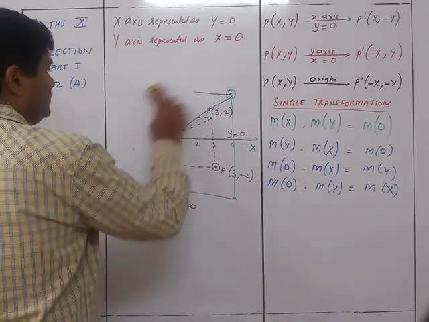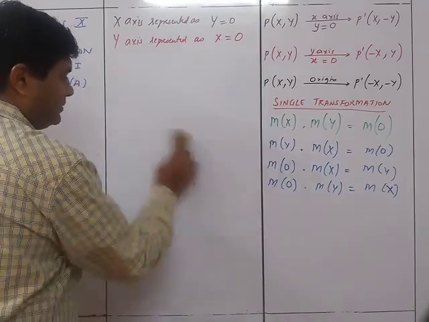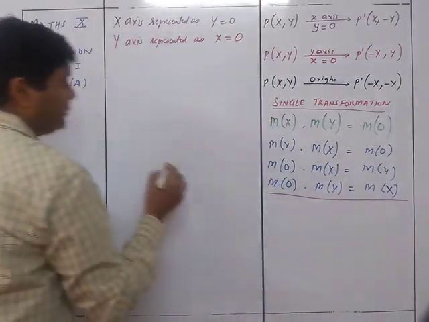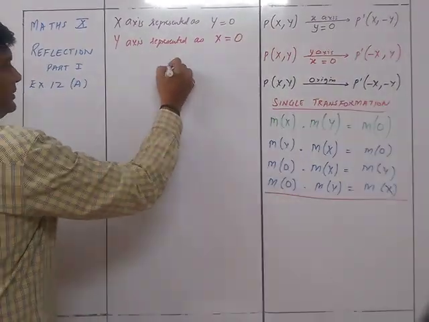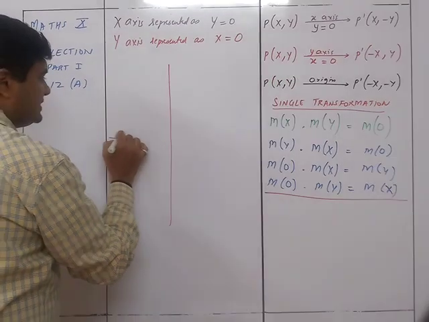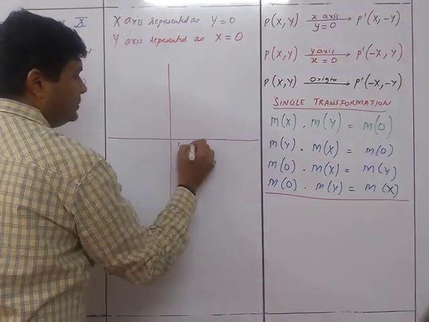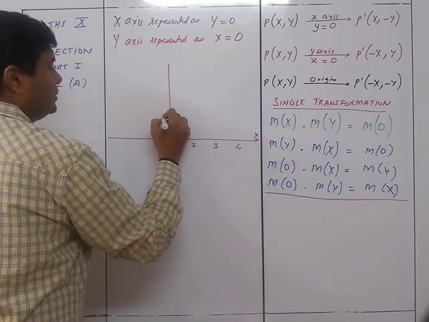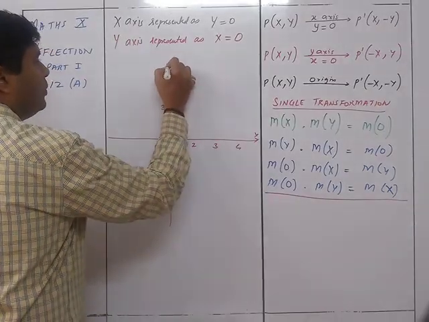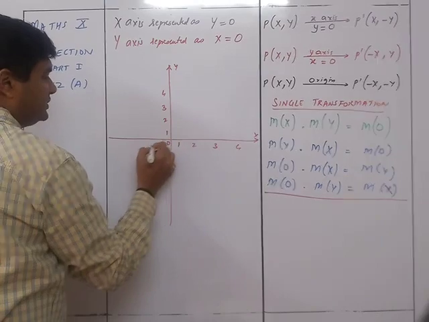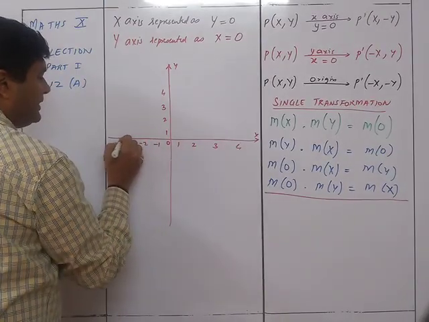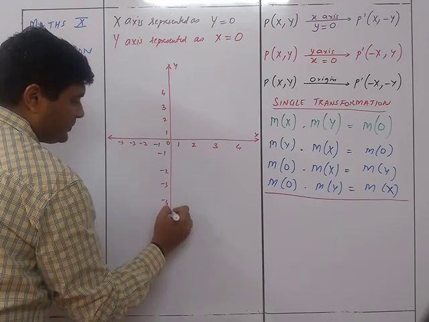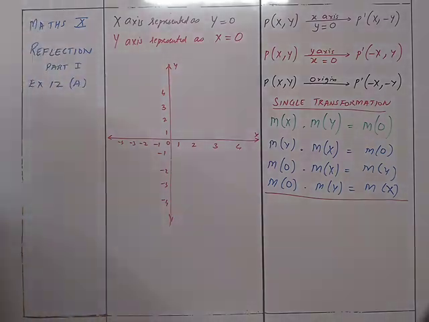I'll just clear this so that it's easier for us to understand this part. So we have got this much part. Now, suppose this is the graph. This is 1, 2, 3, 4 on the x-axis, 1, 2, 3, 4 on the y-axis, -1 from the origin, -2, -3, -4 and -1, -2, -3, -4. This is the equation.